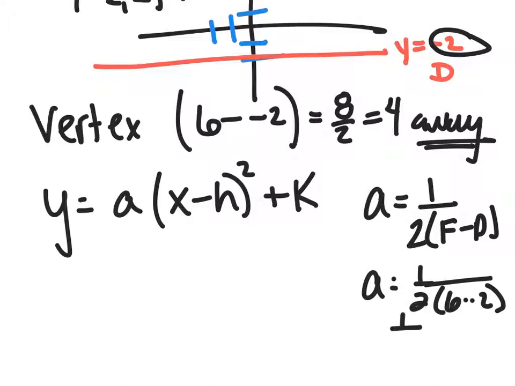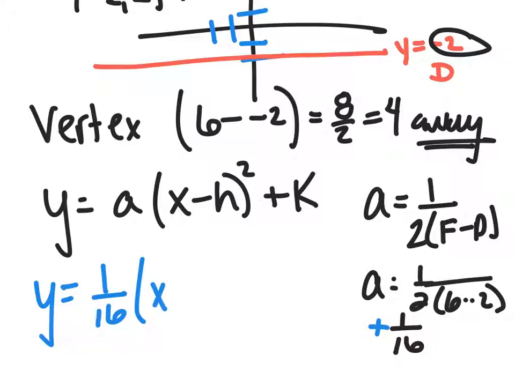So that's 1 over 2 times 8, so 1 over 16. And we said it's going to be positive because it's opening upwards. So y equals 1/16 times (x minus h). h was -2, so this is actually going to be a positive 2, squared, plus my height, which was 6.